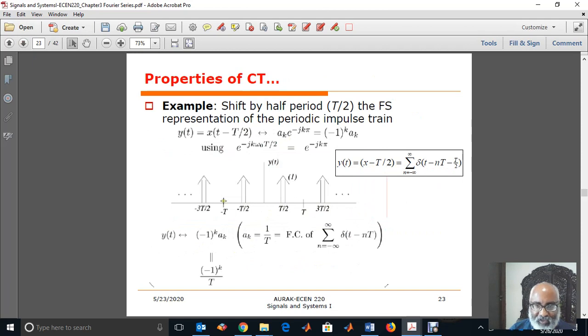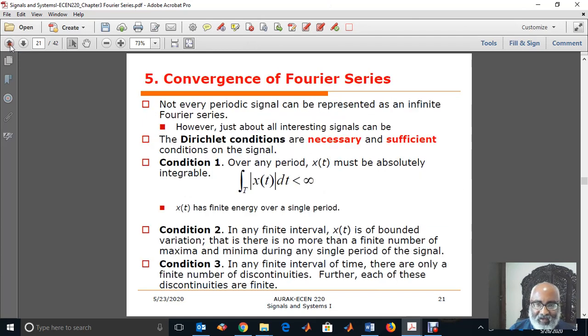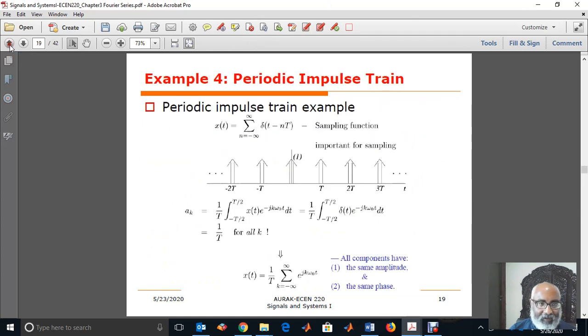So this is a shifted periodic signal. In the previous class, we found the a_k's. If I go back, this is the periodic impulse train. The a_k's are 1 over T for all k.